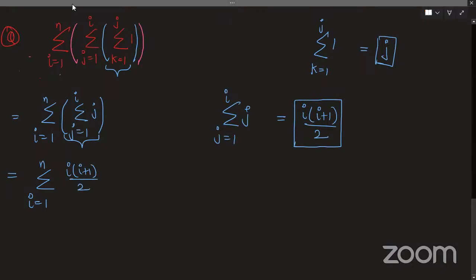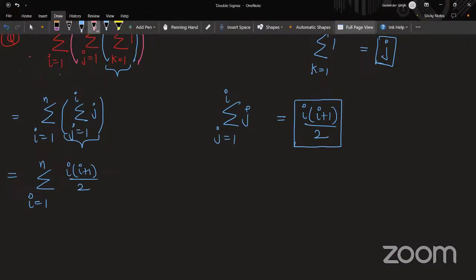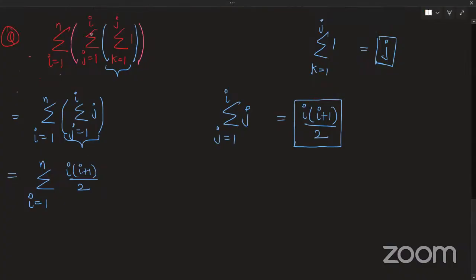Now you tell me, how do we take the sigma of this thing? 1 by 2 is common, so it will be 1 by 2 times sigma of i square plus sigma of i. So how do you evaluate this?